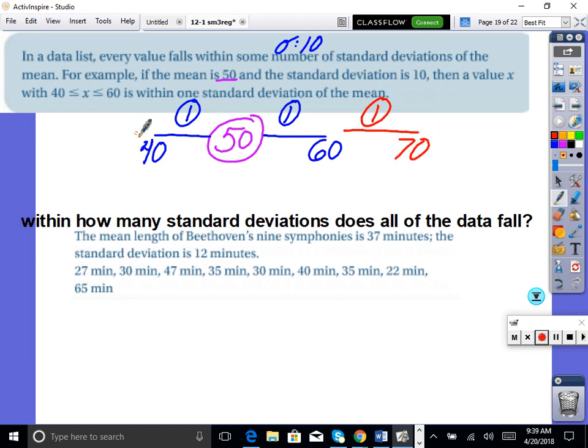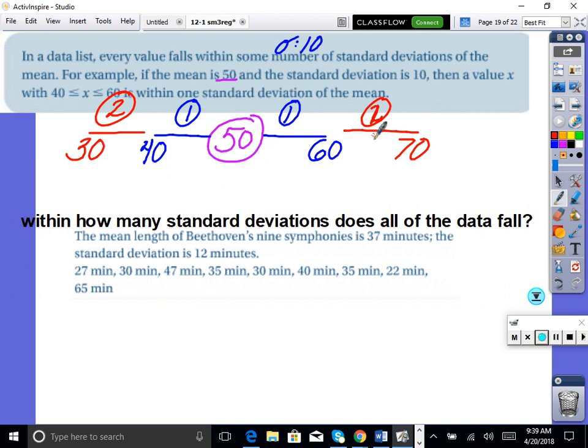That would be 70. Oh, I said 1, but I meant 2 standard deviations. So then that would be 30. So if I said to you, within how many standard deviations does 65 fall? You would say 2 standard deviations away from the mean. And we can continue to go out more and more. Does everybody see? Okay, so think about it.